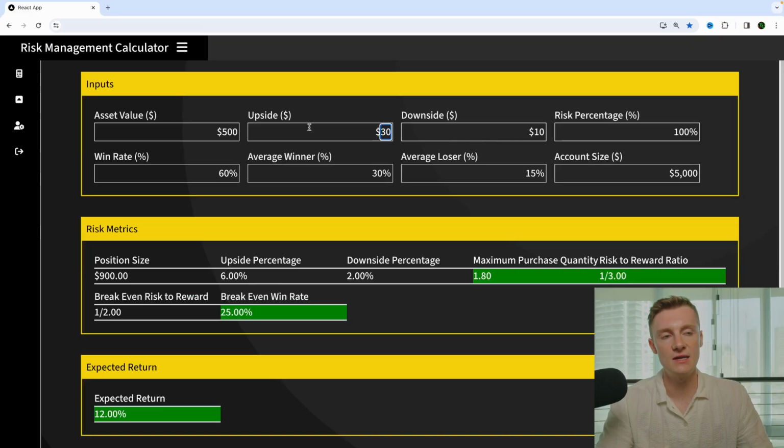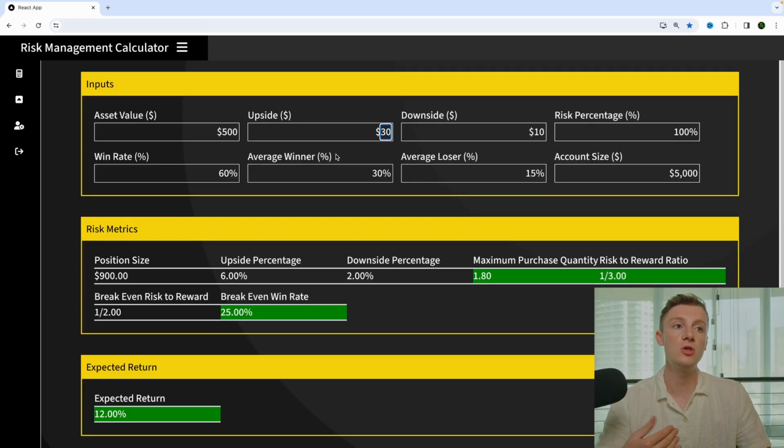So we covered now the correlation between break-even win rate and risk to reward, using downside and upside. Know that these inputs, asset value, upside, and downside, are all going to be used when it comes time for us to actually take a trade. Because when you put on a position, when you take a trade, you should know exactly at which point you are going to be wrong, and if you're wrong, how much money you are going to lose.